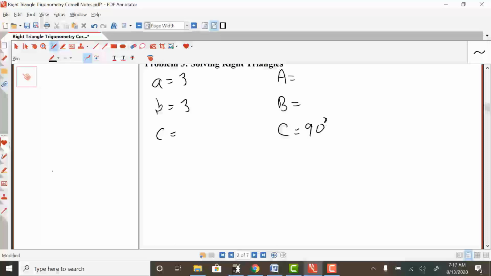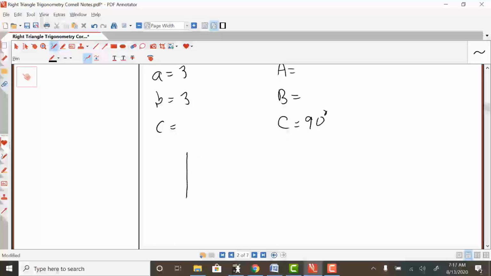So this is going to look like an isosceles triangle. This is going to be 90. This is capital C, A, B. So little a will be 3, little b will be 3, and then here's little c.